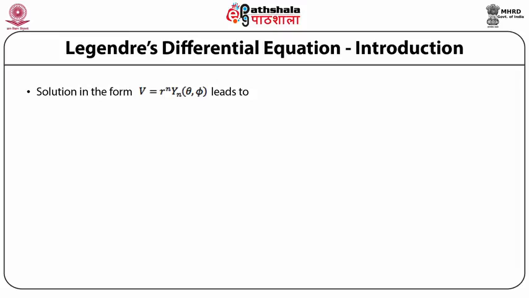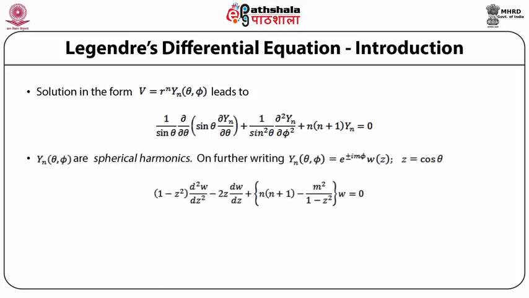Then the equation is 1 by sine theta multiplied by del by del theta of sine theta del Yn by del theta, plus 1 by sine squared theta into del squared Yn by del phi squared, plus n into n plus 1 into Yn is equal to 0. The function Yn of theta, phi is usually called a spherical harmonic of degree n.